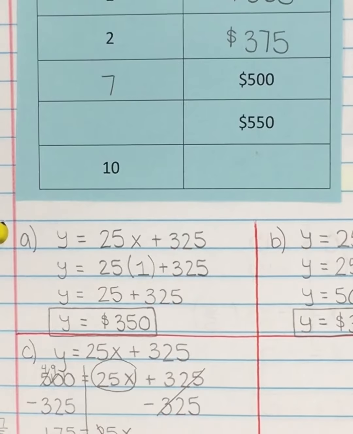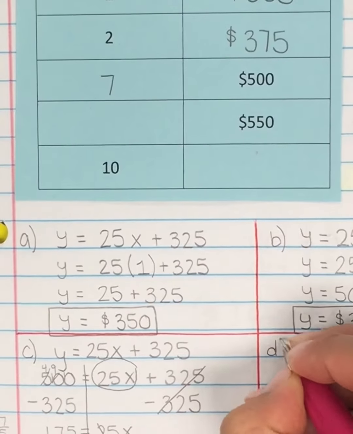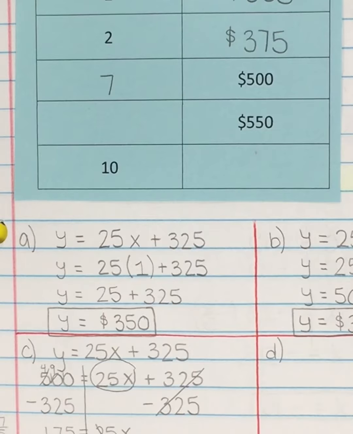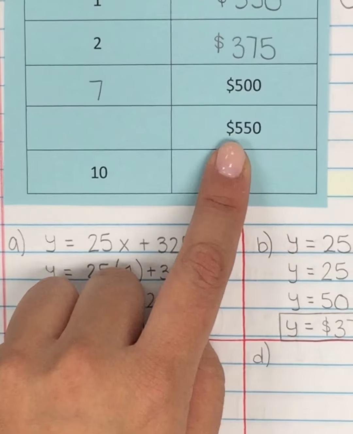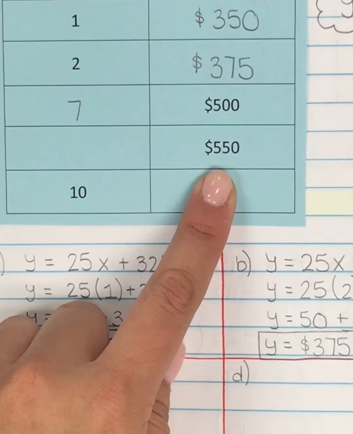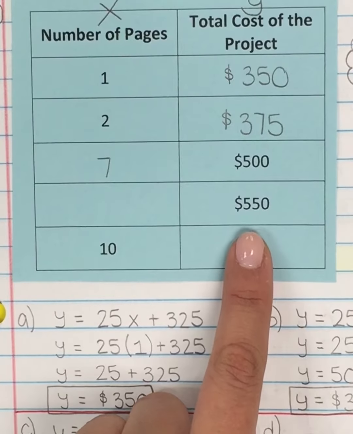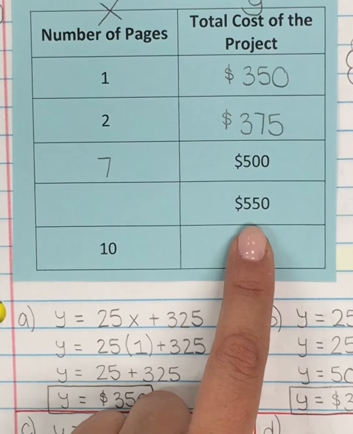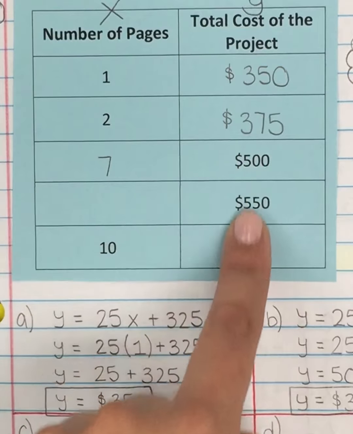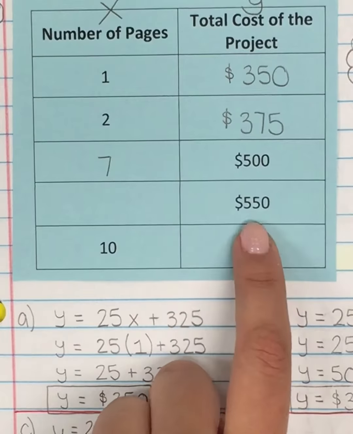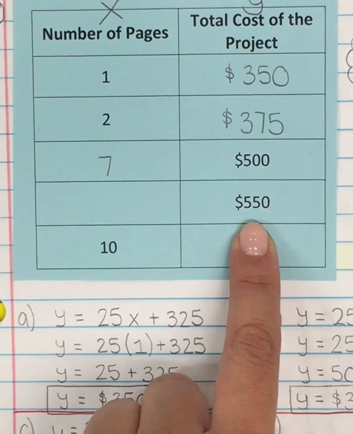Okay, and now let's do the next one. For part D, again, we're given $550. Look at the table. Is that the X value or the Y value? Very good. This is the Y value because it's under the Y column, which means what variable are we going to substitute for?